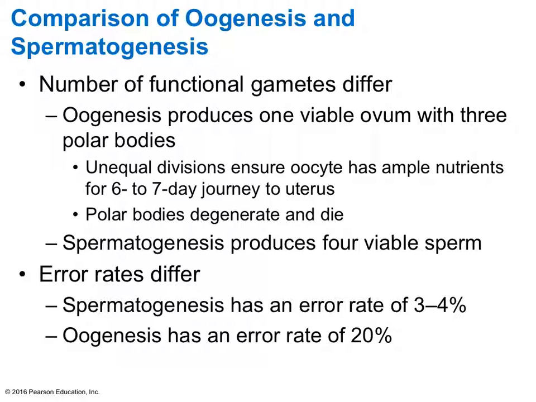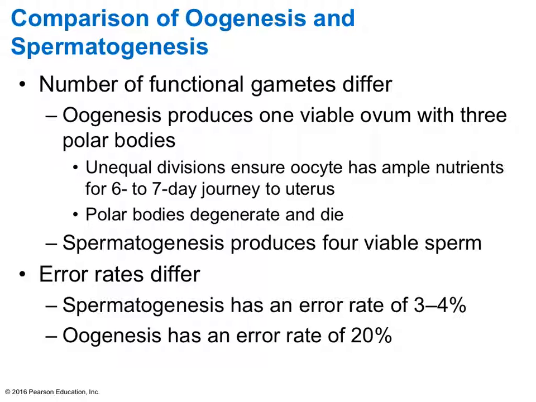So there are a lot of similarities between spermatogenesis and oogenesis that will help you to learn the processes, but there are also some really significant differences. For one thing, the result of spermatogenesis is that each spermatogonia produces ultimately 4 sperm, whereas each oogonia is only going to produce 1 viable ovum.